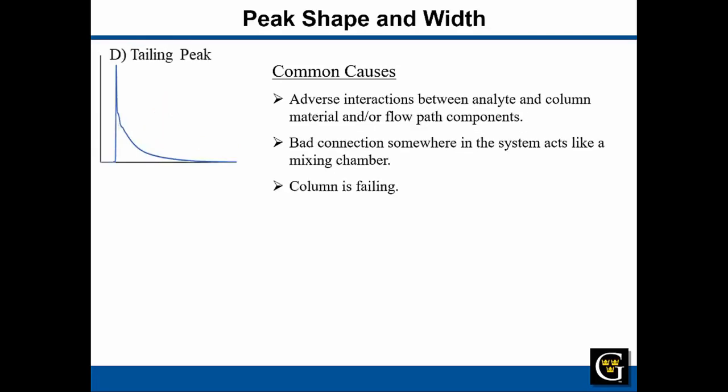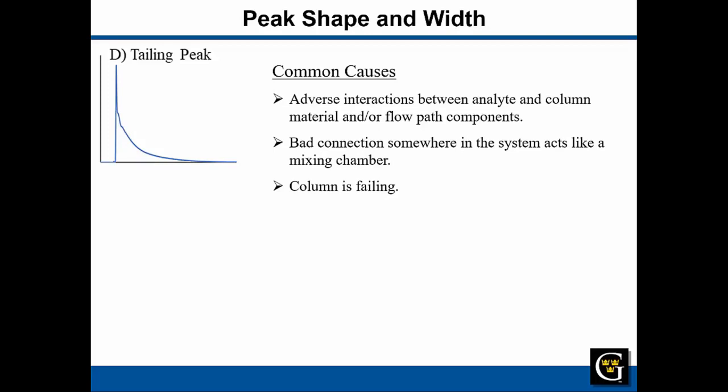Tailing peaks, again, lots of possible reasons for tailing peaks, but some of the more common ones are listed here. So if we have very strong interactions between the analyte and the column material, or instrument components in the flow path that the analyte sees, this can lead to tailing peaks.